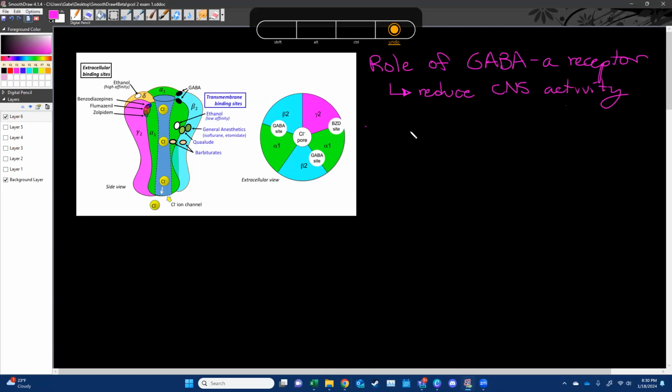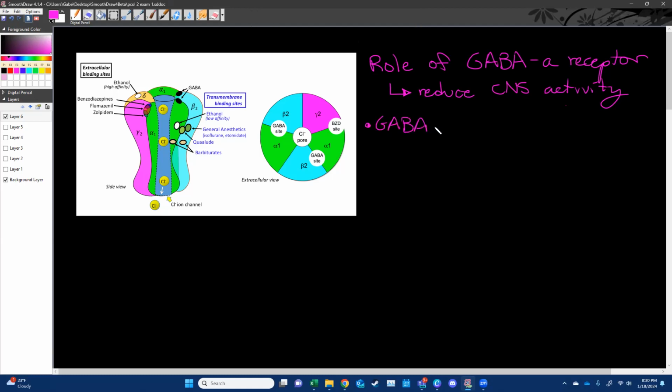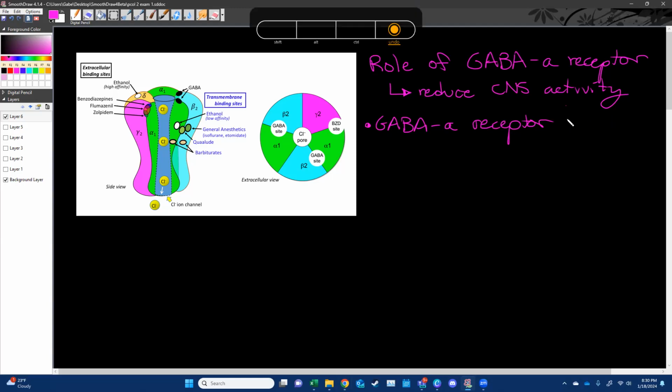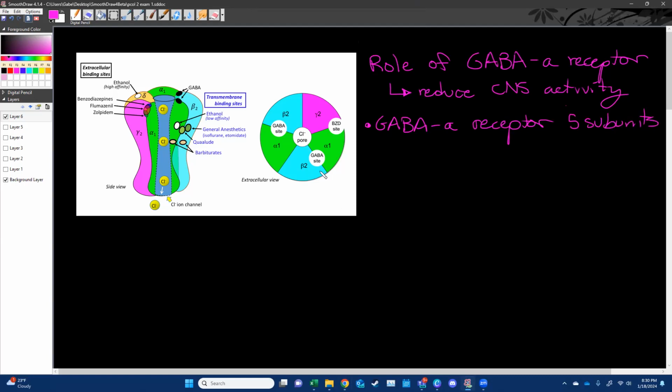The GABA receptor is a pentamer. I forget how we say it. It's 5 subunits, I'm not going to complicate it, made up of alpha, beta, and 1 gamma site.